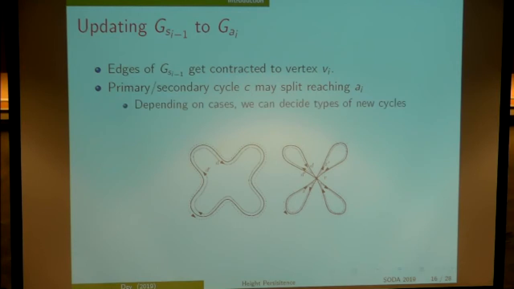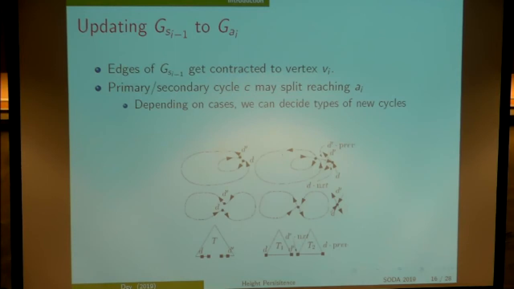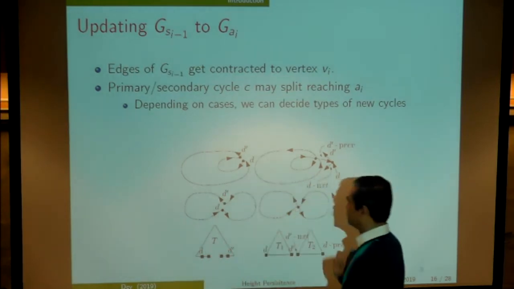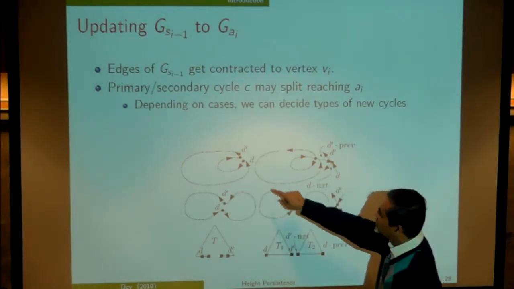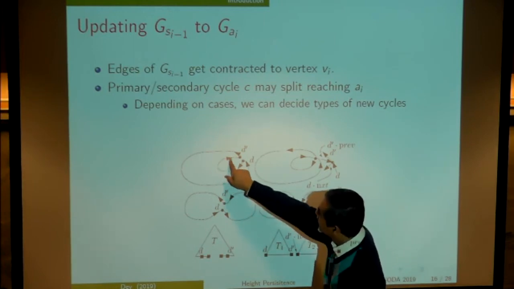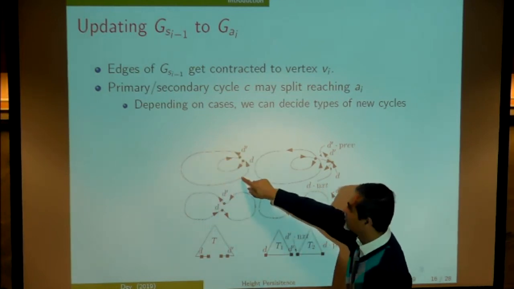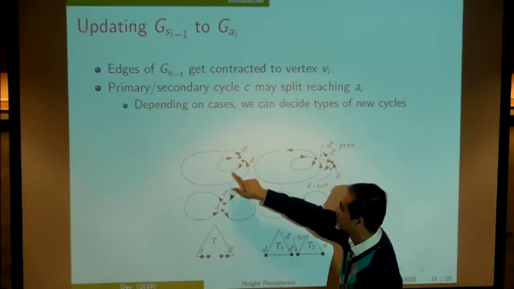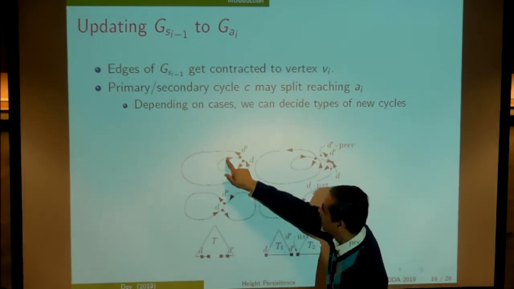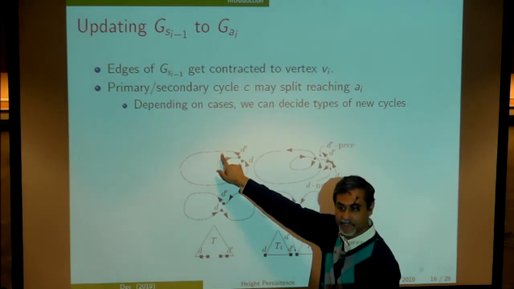Okay, so now let me just tell you, one has to be very careful. For example, here is a case. Here is a primary cycle, because this is the face. No, sorry, this is a secondary cycle, because this is the face and the face is on the left, not on the right.